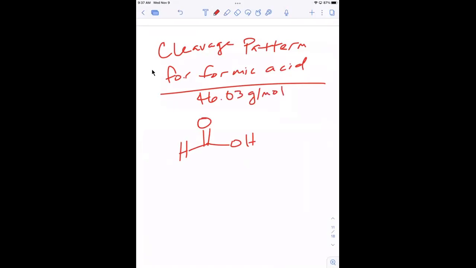All right. So with formic acid, I can cleave, and keep in mind, when I fragment a molecule, I'm only breaking sigma bonds, right? So I'm not going to chop it at the pi bond. I can't do that. But I can fragment it here, right? And that's going to give me two pieces.